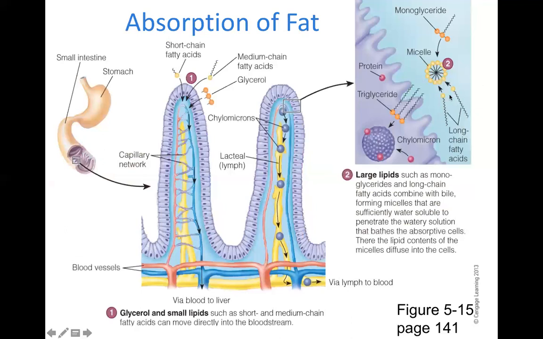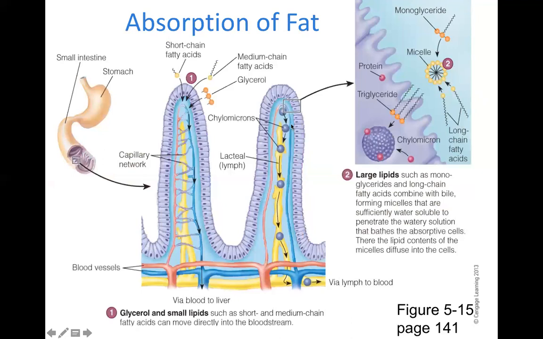Individual fatty acids can form what's called a micelle, and we're going to talk about a micelle coming up. The micelle can then pass through the intestinal cell. It's repackaged into a triglyceride, and then the triglycerides are packaged into something called a chylomicron.